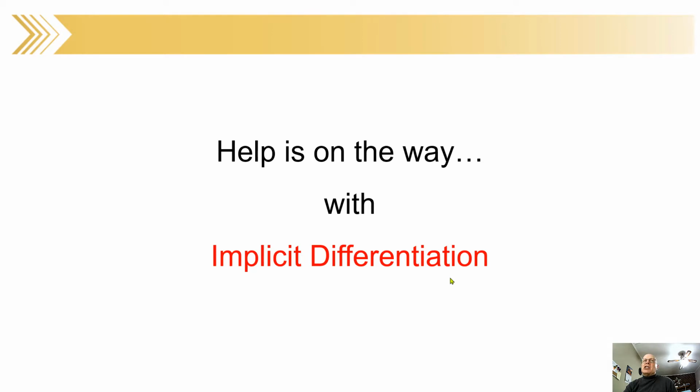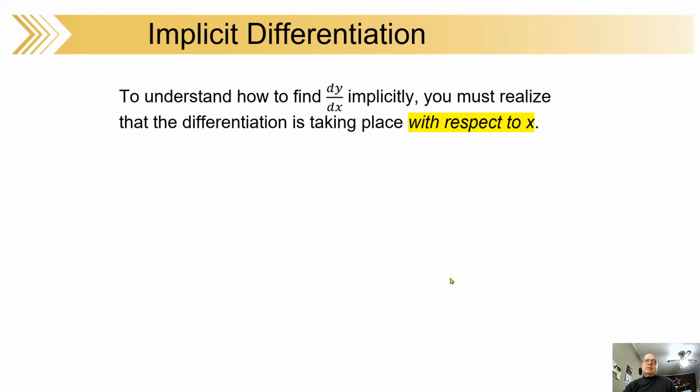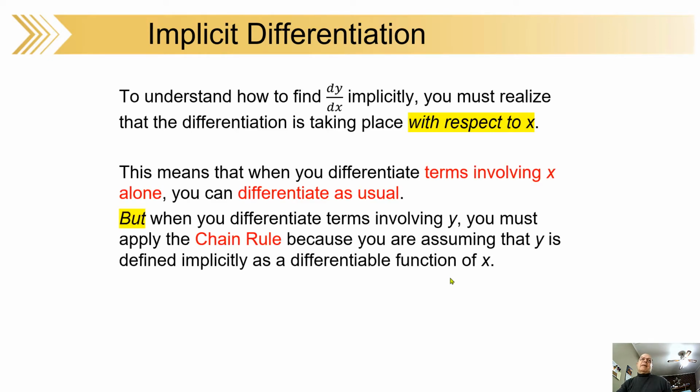Implicit differentiation. The main thing to remember is that you need to keep thinking about the chain rule. The chain rule is your hero. If you want to find dy dx implicitly, you have to do a little bit of adjusting.